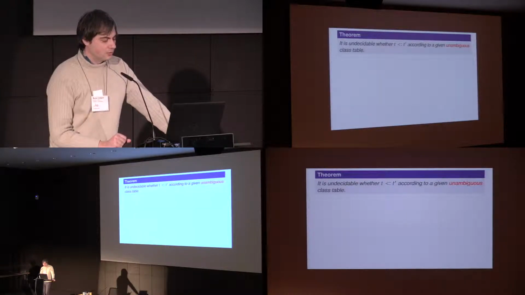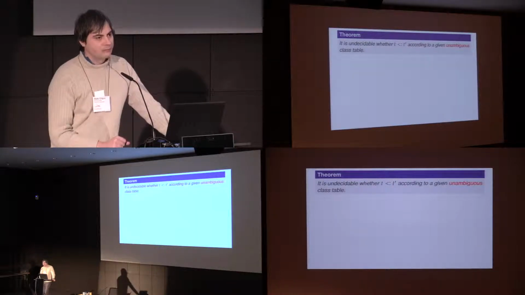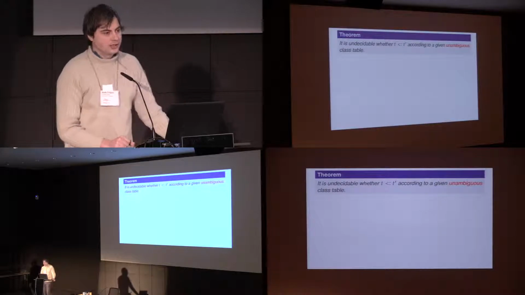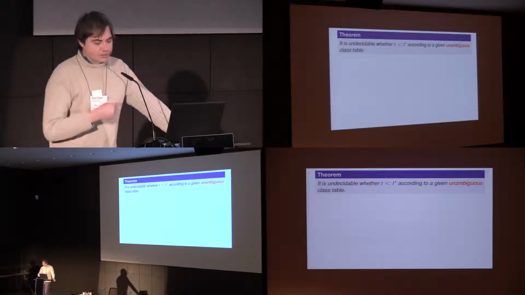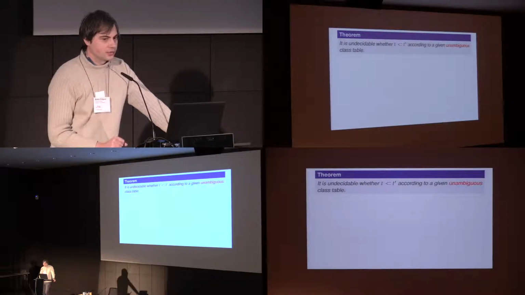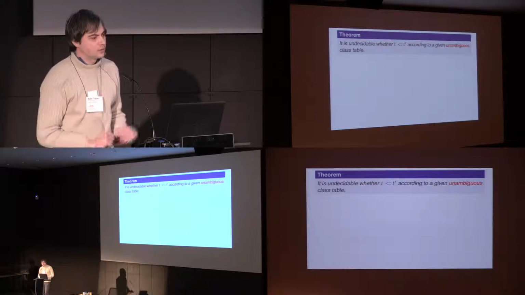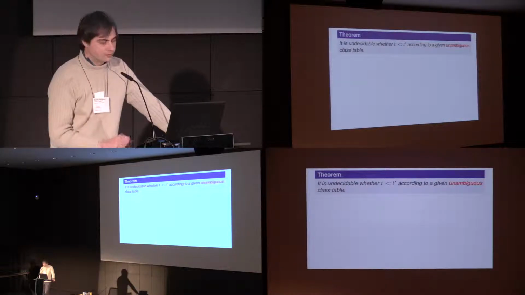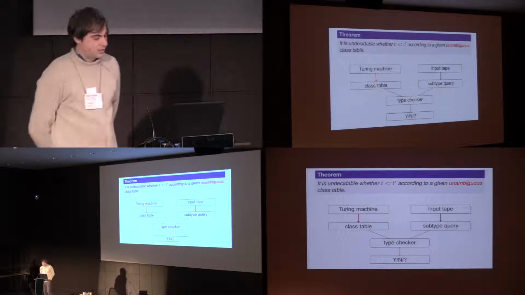I'm using exactly the one from Kennedy and Pierce, but I put the restriction that I only use class tables that are legal in Java. So they're unambiguous, in the sense that there's only one path in the class inheritance table, so there's no way to do splitting. At any point, the straightforward type checker has only one thing it can do, but you still have the question: will it go on forever or not?